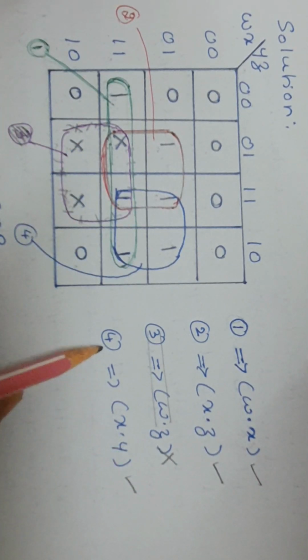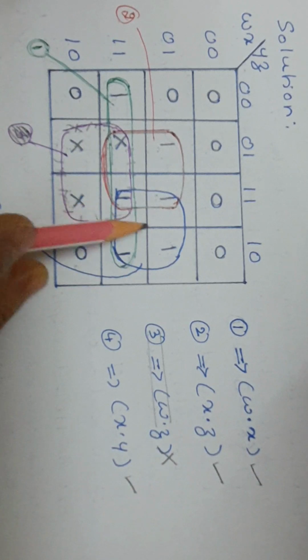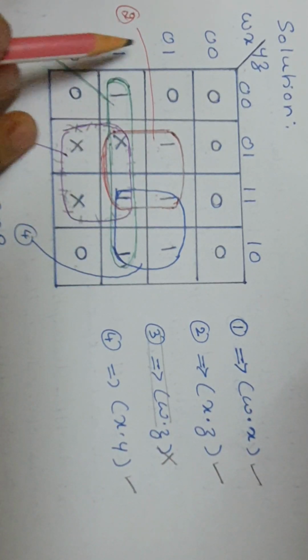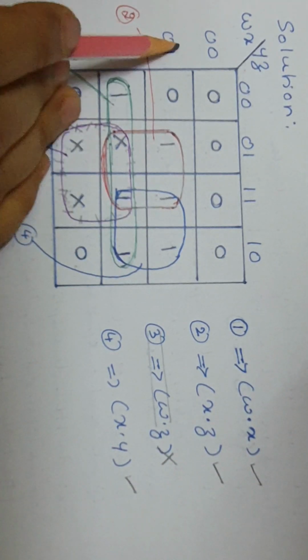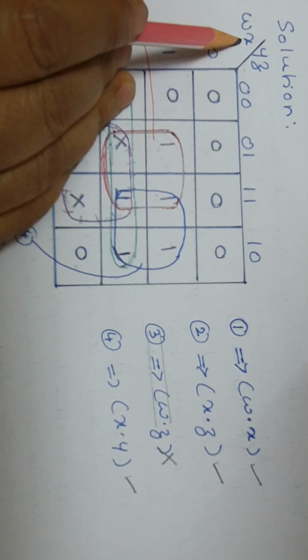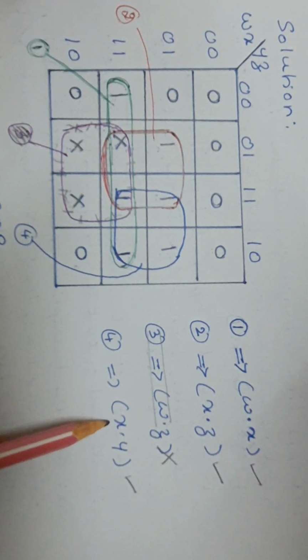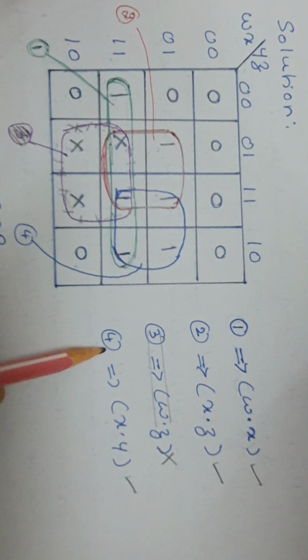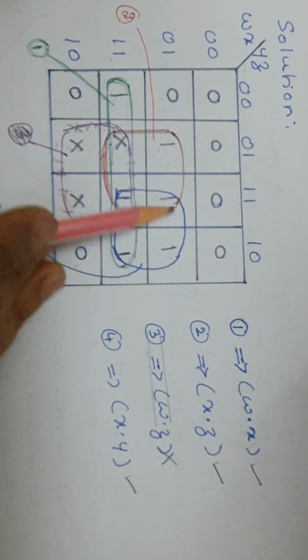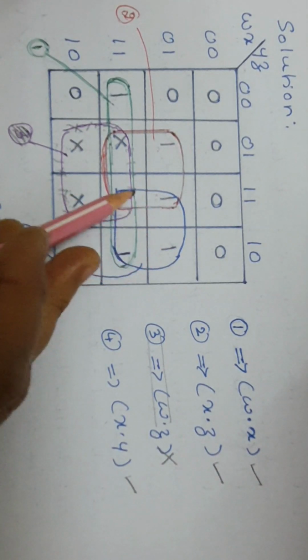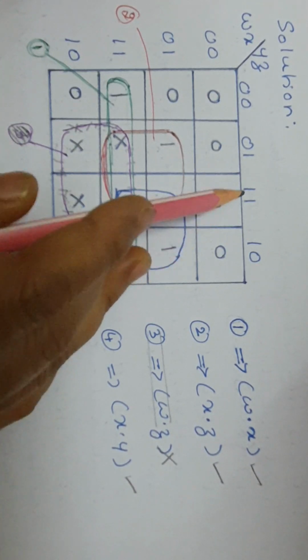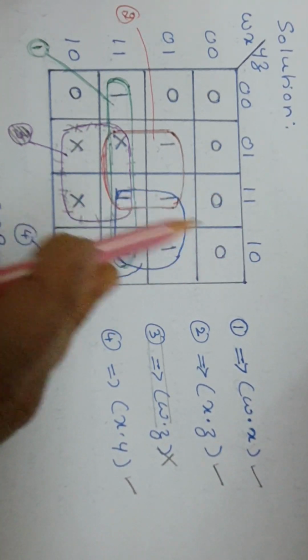Okay. So next the fourth one, which is named as fourth here, these 4 ones in these 2 rows are covered 0 1 1 1. So this one and this one is common, which belongs to x, hence x it is. That is for the fourth group. Column wise these fall in these 2 columns here.